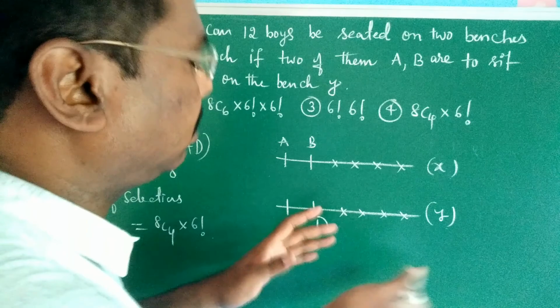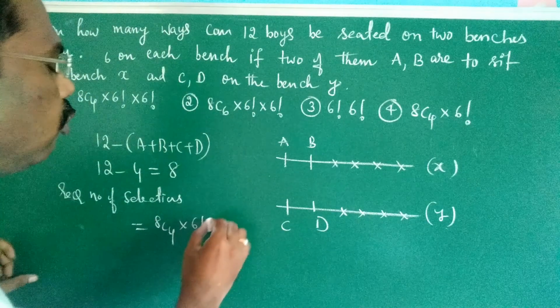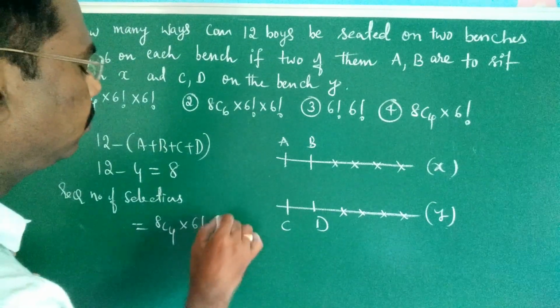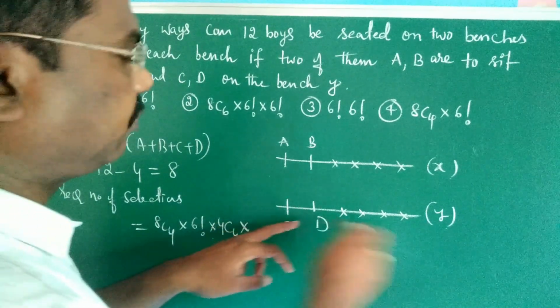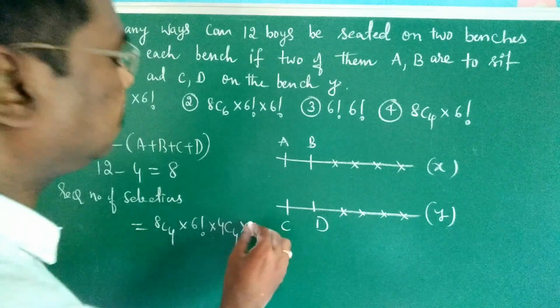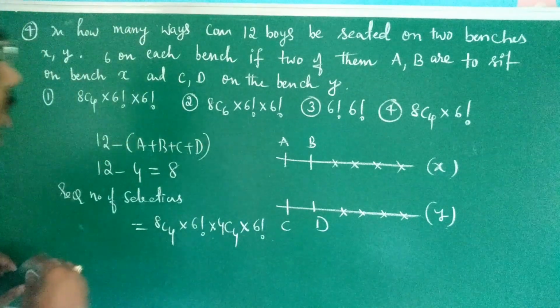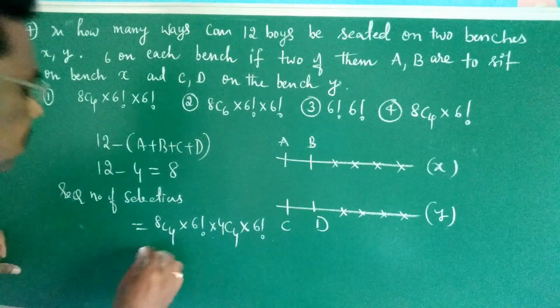Now selecting the remaining 4 persons, 4C4 into 4C4. Now here again 6 persons can be arranged in 6 factorial, 6P6 is equal to 6 factorial ways.